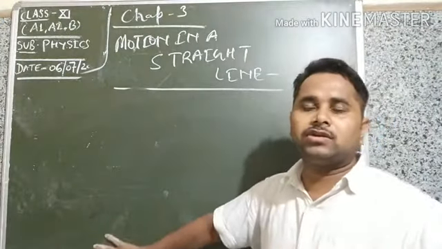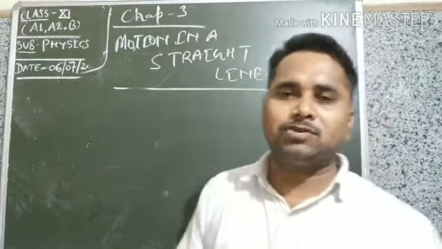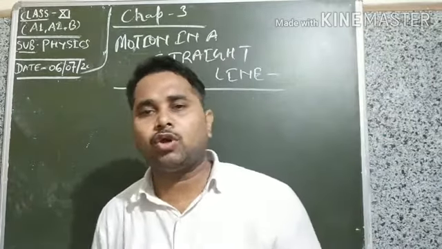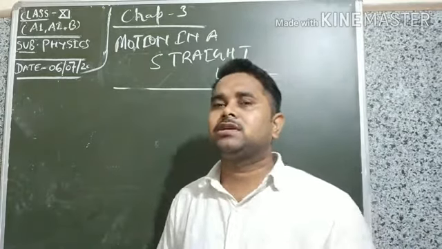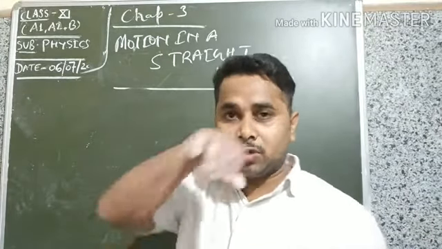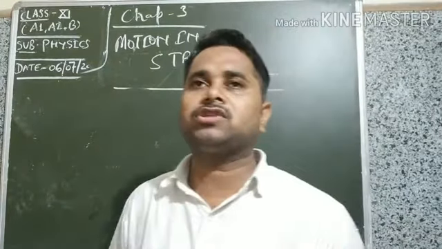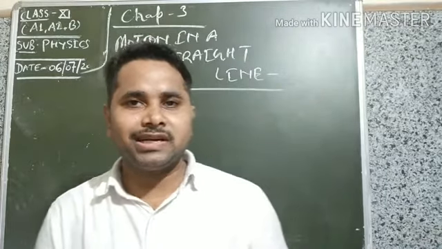In class 9th, you have learned about many types of motion, like uniform motion and non-uniform motion, average speed, average velocity, the difference between speed and velocity, and the difference between distance and displacement.